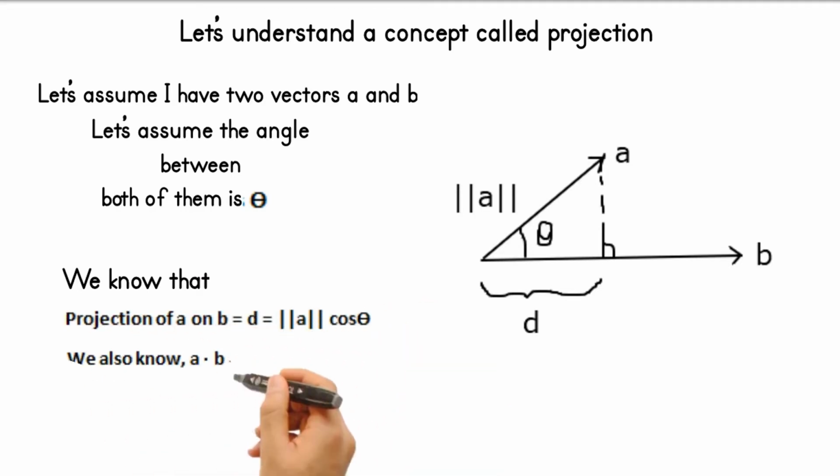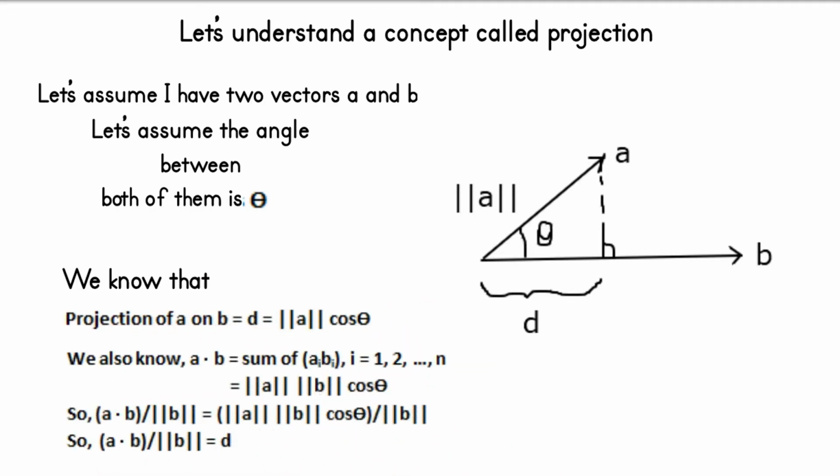Projection of a vector A onto a vector B is nothing but you take this vector and make it perpendicular to B, and this distance D is nothing but the projection of A on B. You are projecting A onto B, and the distance that you get on B is called the projection of A on B. We know that projection of A on B is equal to D is equal to A cos theta.